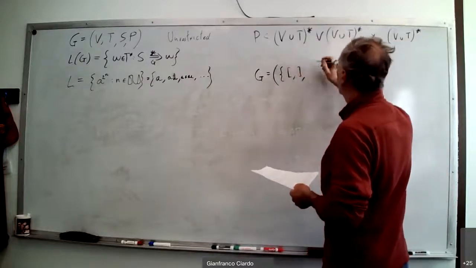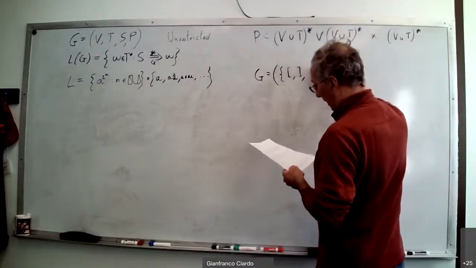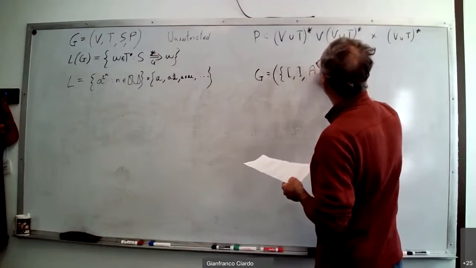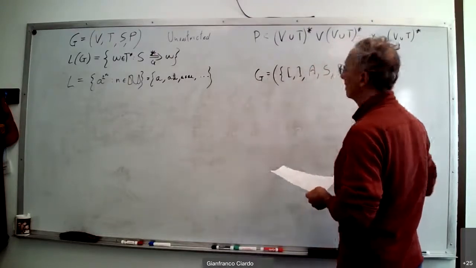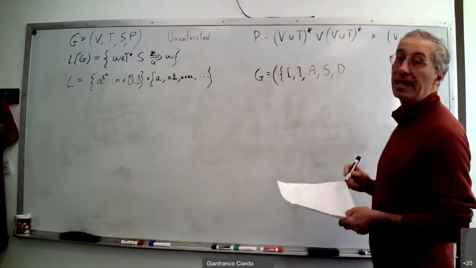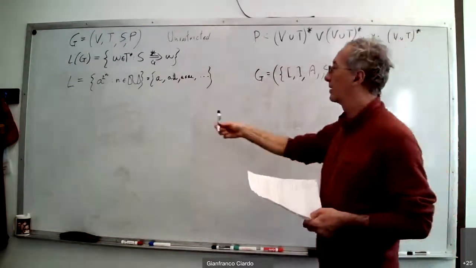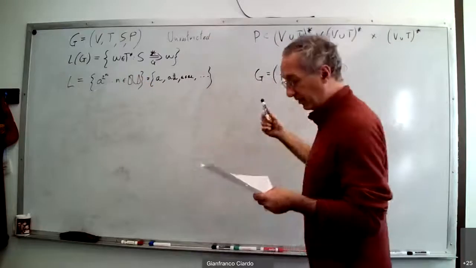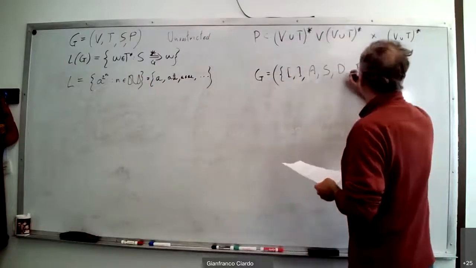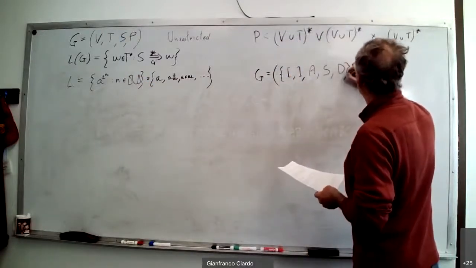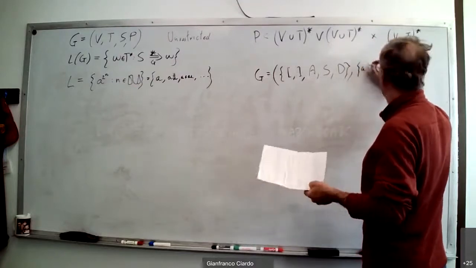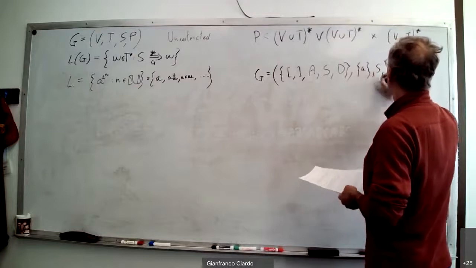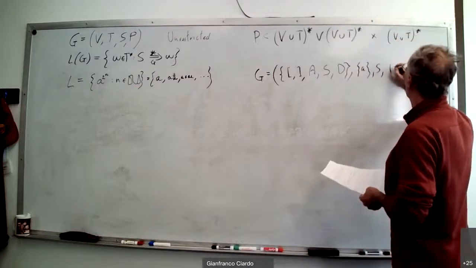So left bracket, right bracket, and then A, and then S, the starting symbol, and then this mysterious D, which will be a doubler, right? To get this, we just need to keep doubling, right? So the D will let us double. Then, of course, the alphabet, the terminal, is just a, and the starting symbol is S.